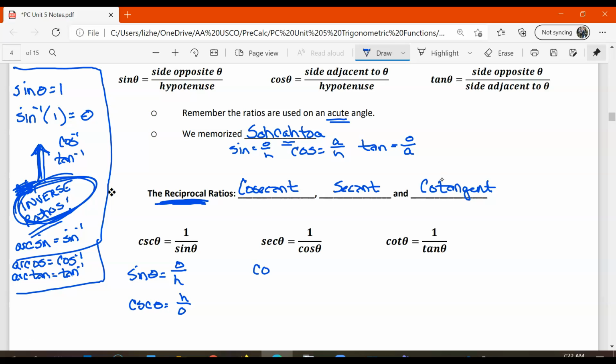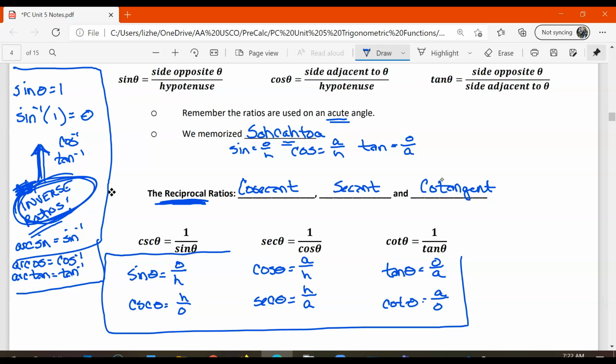So if cosine of theta is adjacent over hypotenuse, then secant of theta is hypotenuse over adjacent. And then finally, cotangent is 1 over tangent. So therefore, if tangent of theta is opposite over adjacent, then cotangent of theta is adjacent over opposite. And so there are your 6 trig ratios.